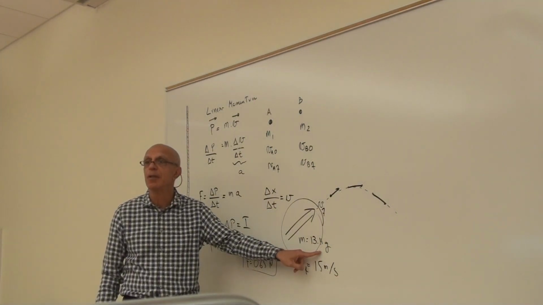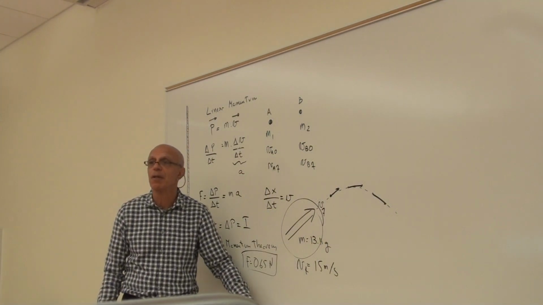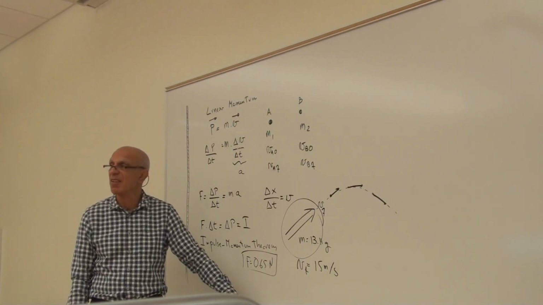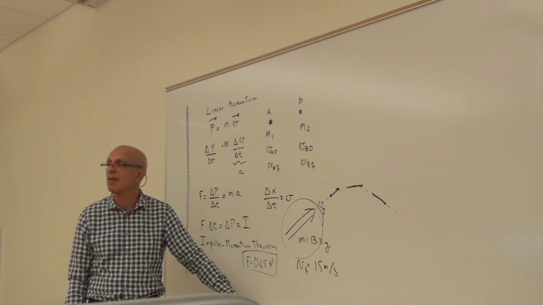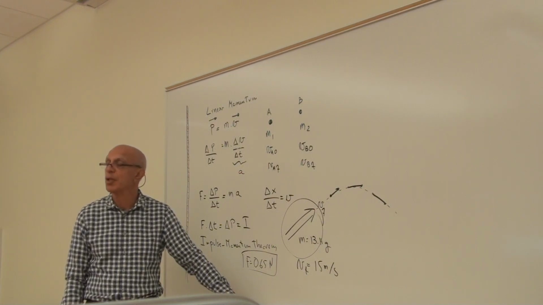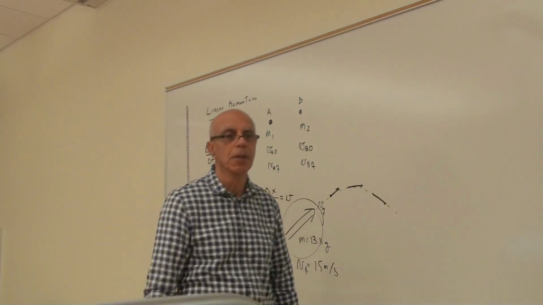I multiplied 0.013 by the 15 to get 0.19, the momentum, and then divided that by the 0.3 for the force. Did I do it correctly? Okay, good, all right.